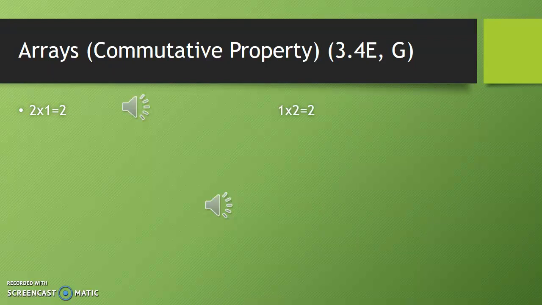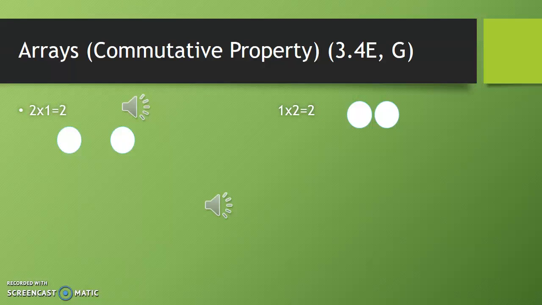Alright, let's go ahead and look at 2 specific arrays, specifically thinking about the commutative property. Do you have to remember that name right now? Definitely not, but we do have to remember the rule. 2 times 1 equals 2. Even though the arrays are going to be different, the answer will stay the same.